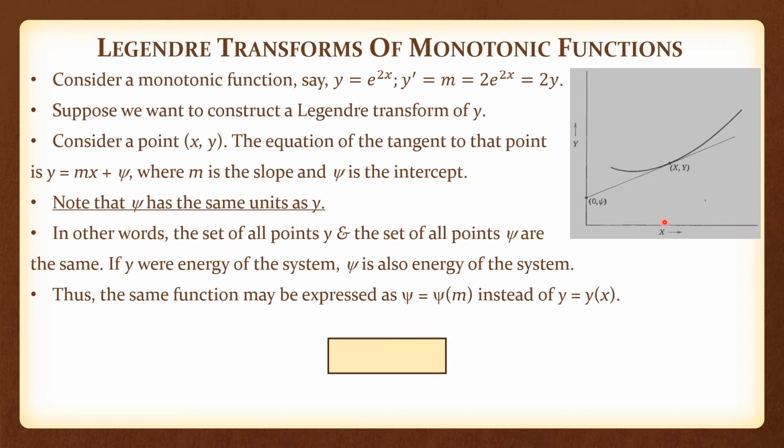Since the function is monotonic, I will get multiple values of slope at different points. So each value of x will have a unique value of m, and instead of choosing y, I am going to choose the y-intercept. So the same function, instead of y equal to y of x, may be expressed as psi equal to psi of m, where this is a unique transformed function for y equal to y of x.